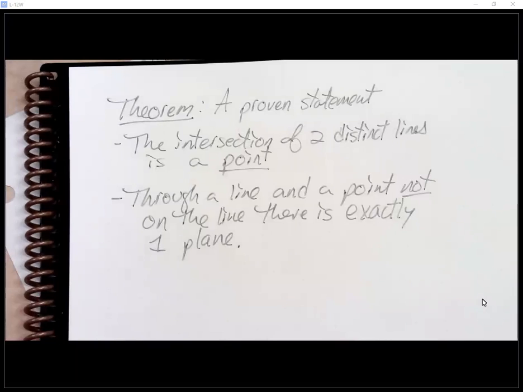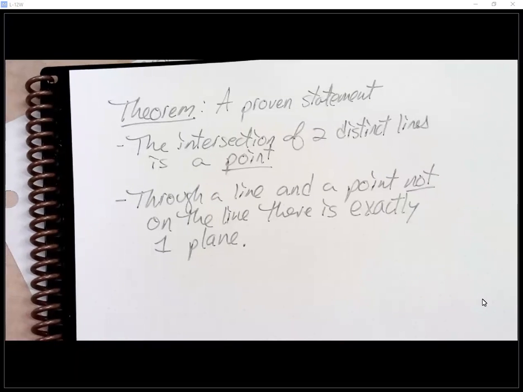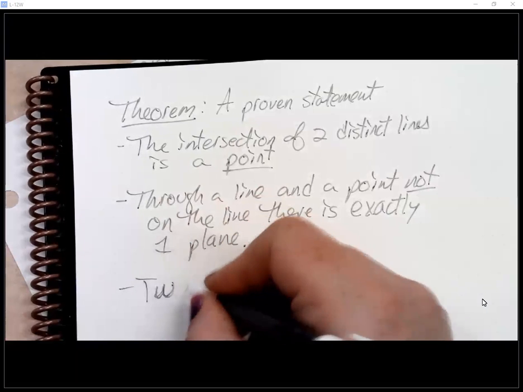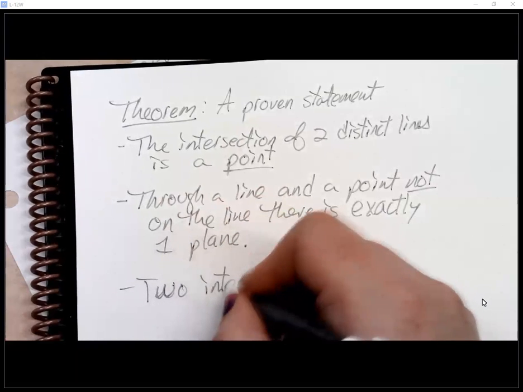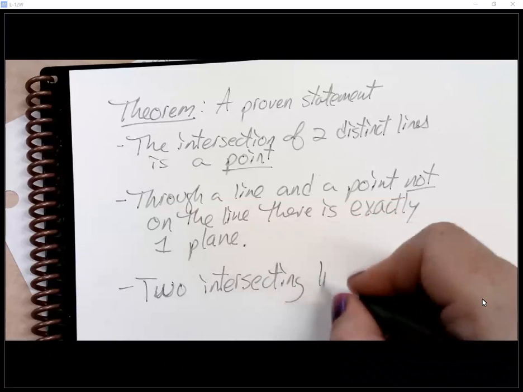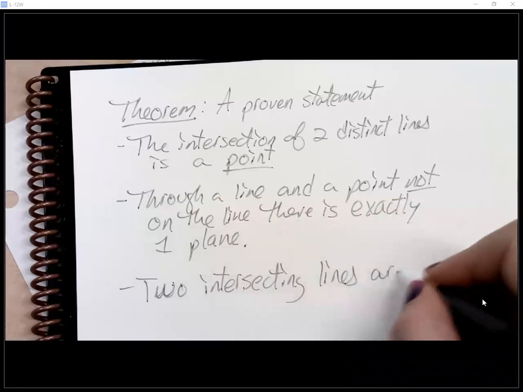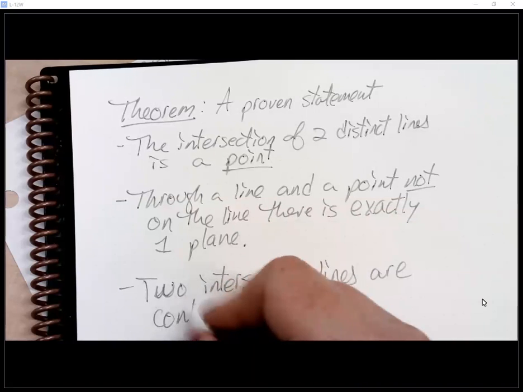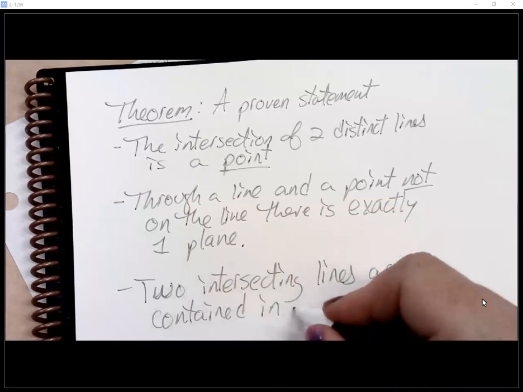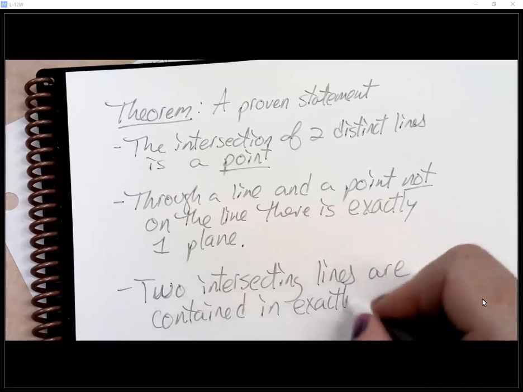Okay, and then the last one: two intersecting lines are contained in exactly one plane.